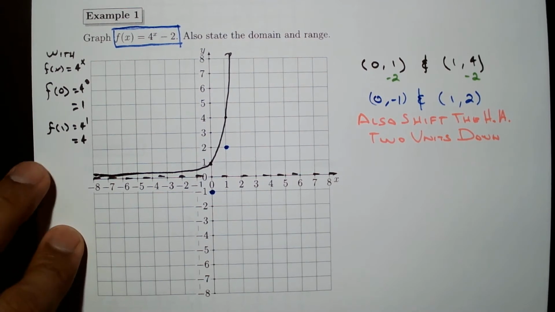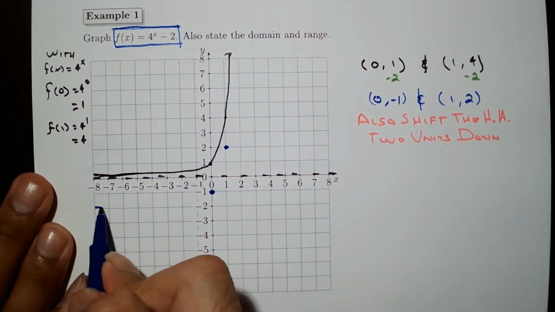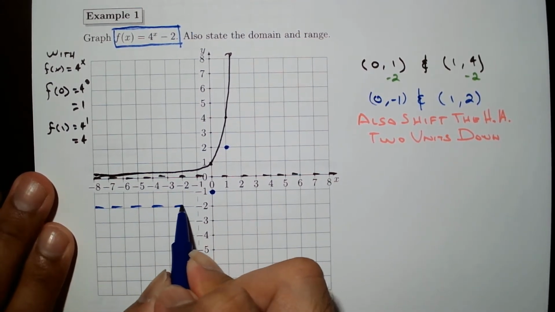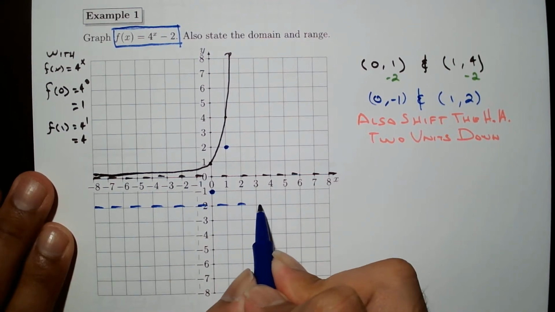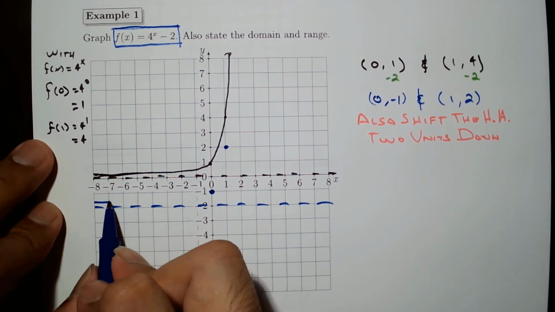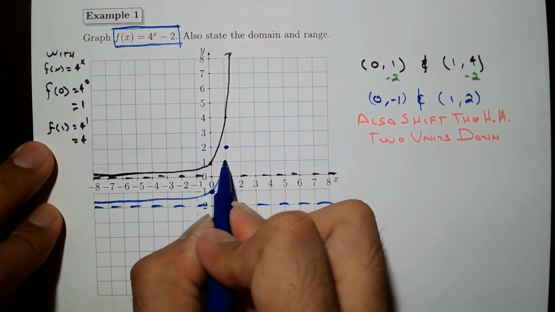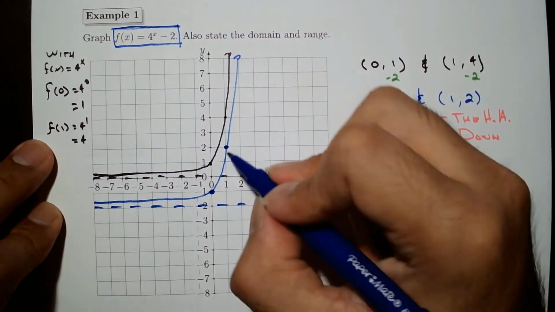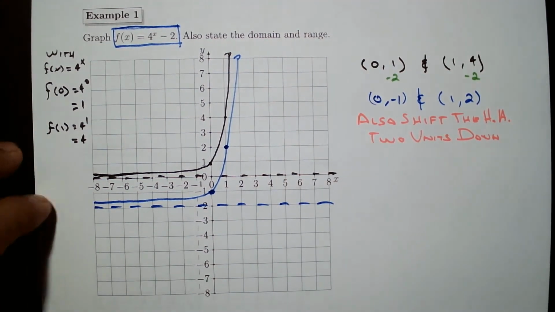I'm going to draw a dashed line at y equals negative 2, and I'm going to do the graph of an exponential function, connecting those important points.